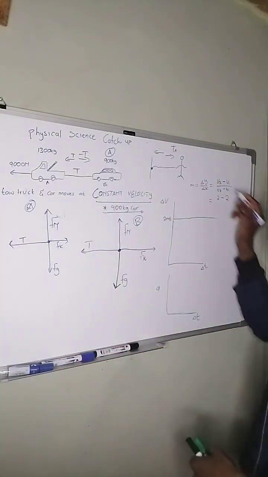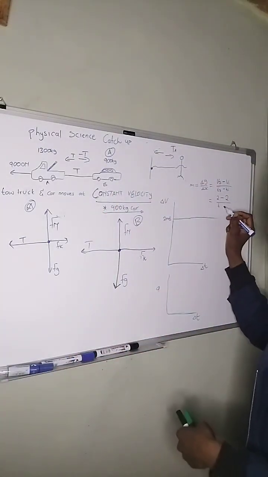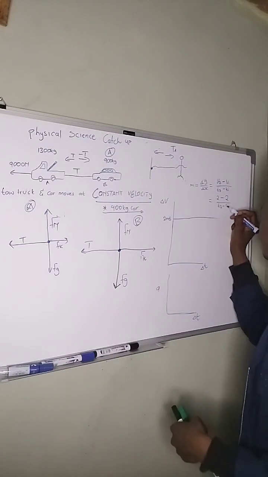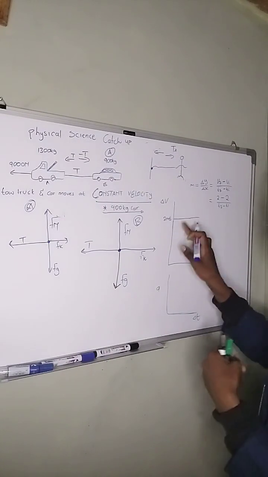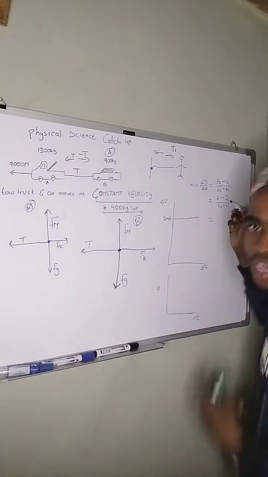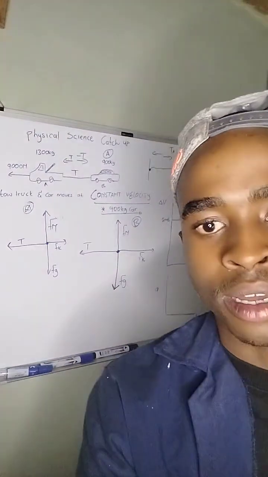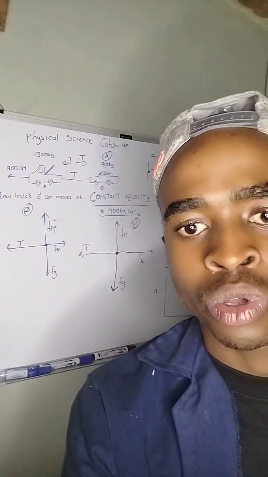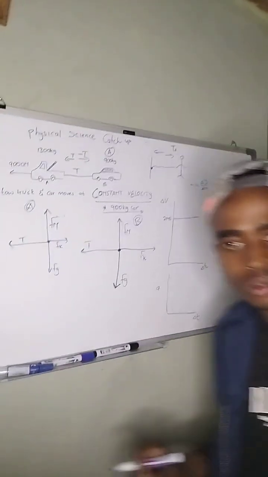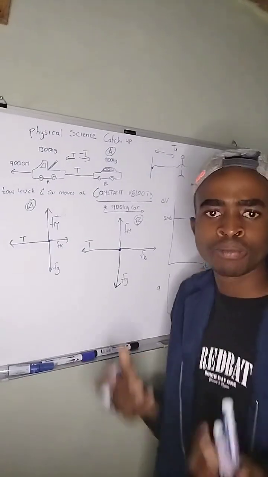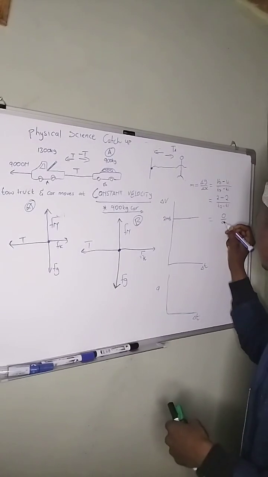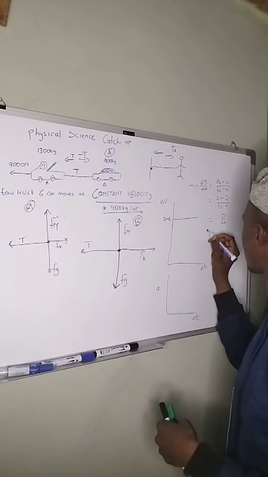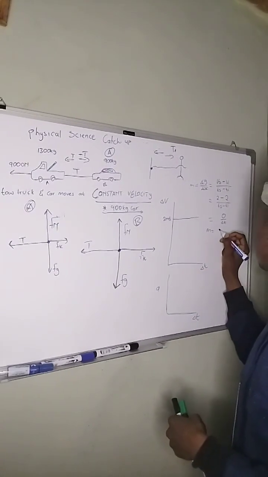Hence, we have t final minus t initial. And obviously, what is 2 minus 2? It's simply 0, right? So I'm going to have 0 divided by changing t, and my m is going to be equal to 0.